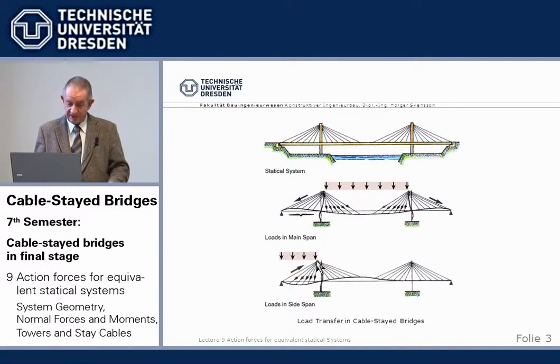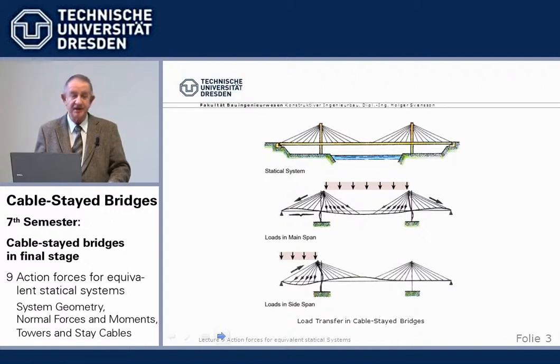But again, the tower head is supported by the backstay cable. The forces are transferred into the abutment. But, very easy just by looking at it, the side span loads create compression in the backstay cable. Be aware, do not forget. That's unusual.